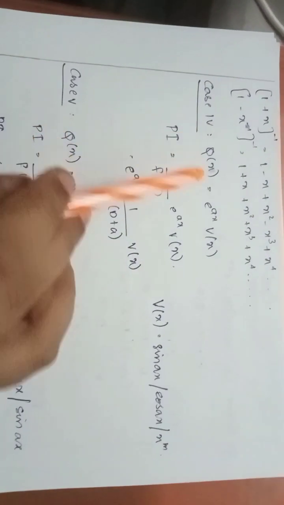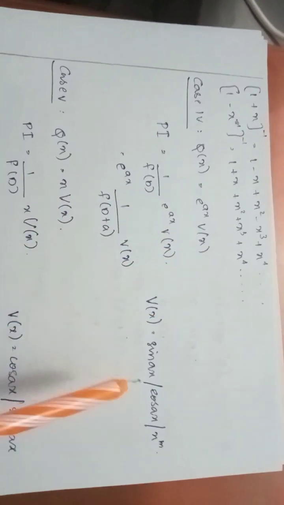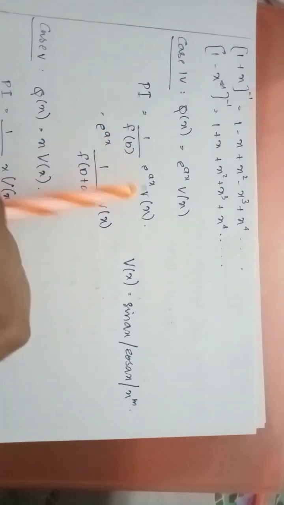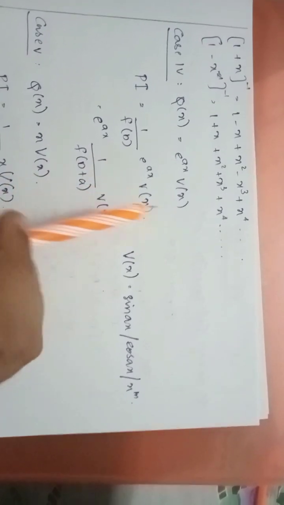Now the next case for us is q of x equal to e raised to ax into v of x. Here v of x could be sin ax, cos ax, or x raised to m. So if this is the form, then the P.I., the particular integral, is equal to 1 by f of D into e raised to ax into v of x.